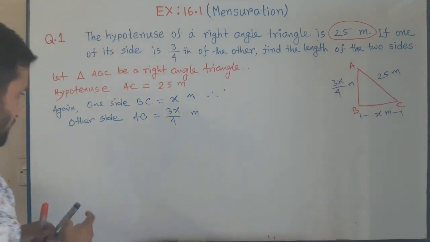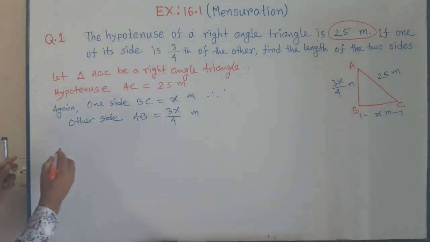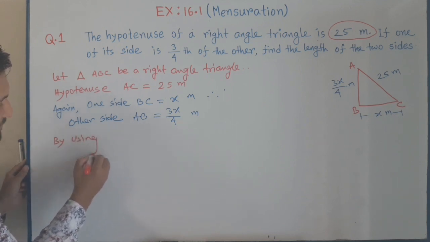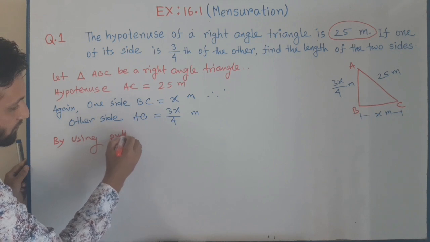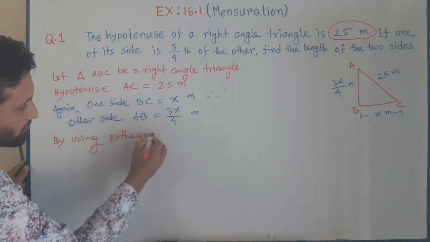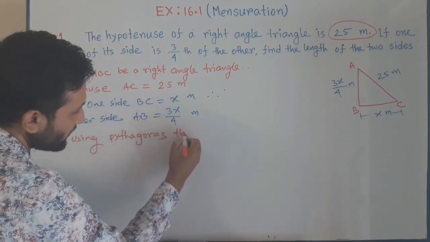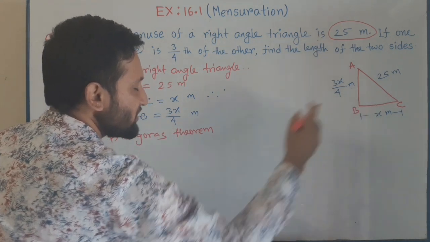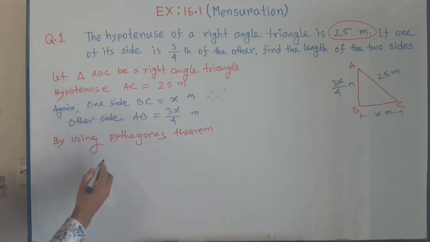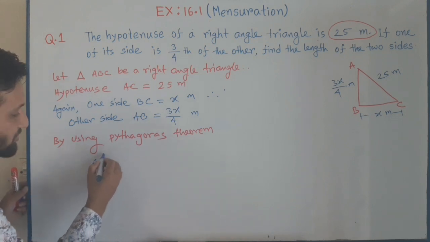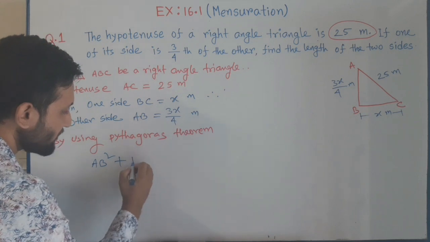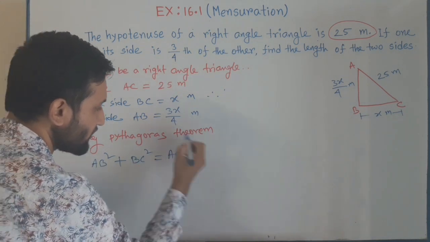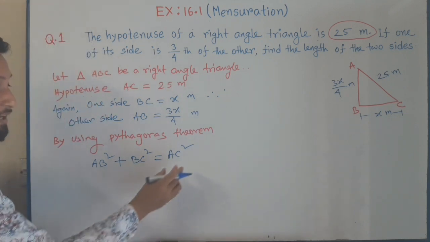By using the Pythagoras theorem, we can write AB square plus BC square equals hypotenuse square, that means AC square. This is the Pythagoras theorem form.